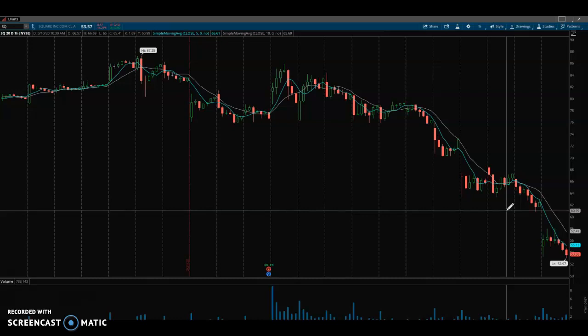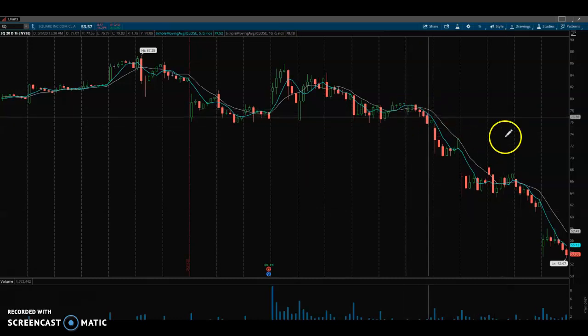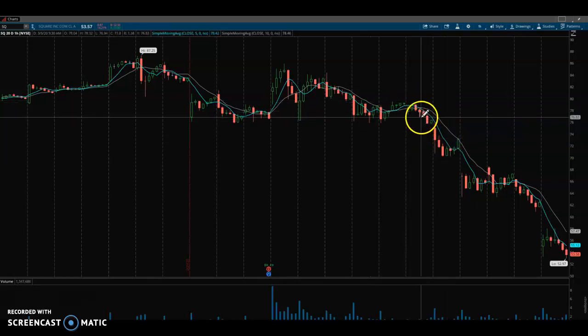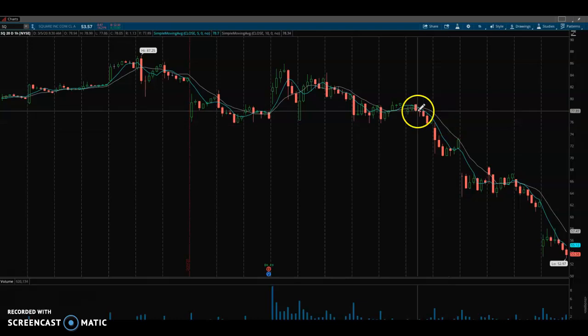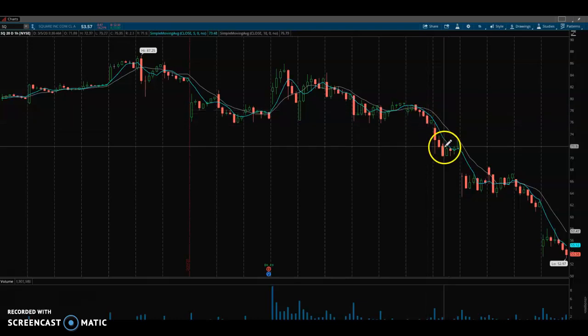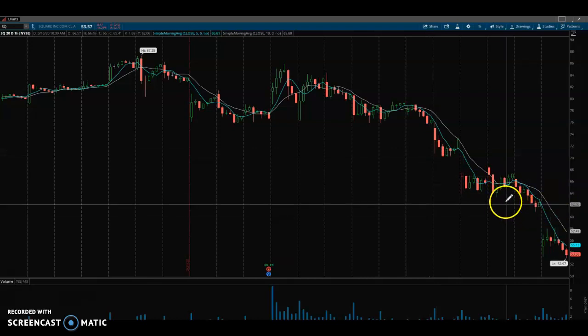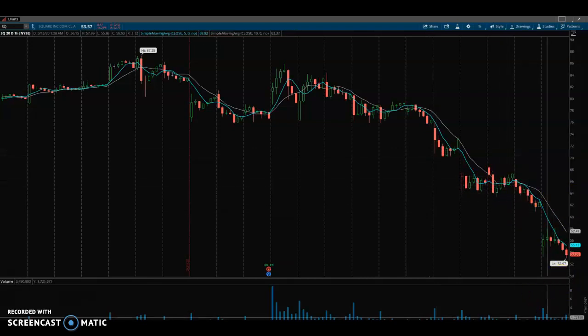I like to go a minimum of a week out, 2, 3 weeks out, just to give it time, so you're not getting hurt as much on the premium decay. You can buy weekly options or 2, 3 week out options and ride it till it crosses. For this example, you would have got a good 3 days out of it to the downside before it crosses back over. Okay, so that's the first strategy.